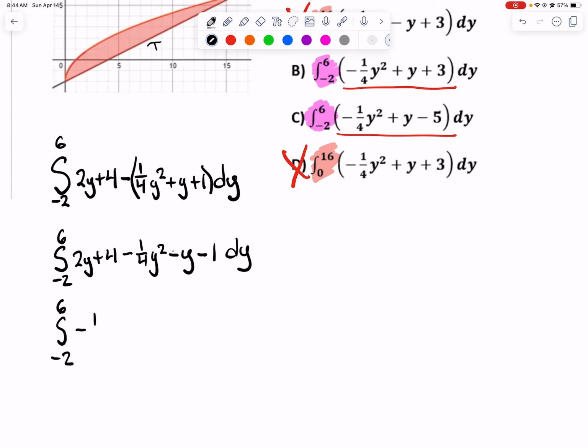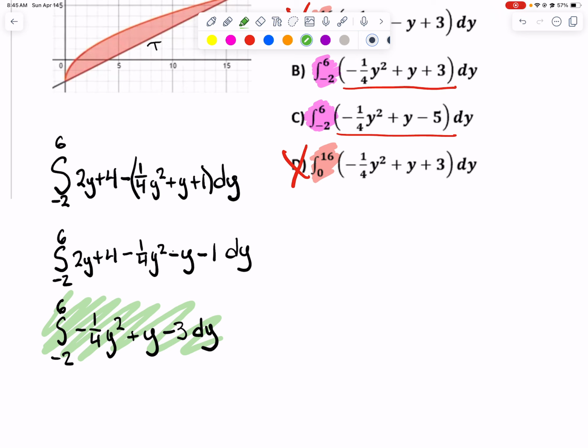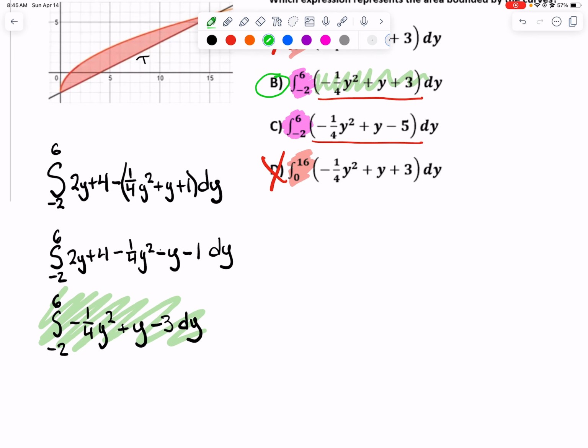I'm going to put my largest power out front, so -1/4 y squared. I have 2y minus y, so I'll be left with just 1y, plus y. Last part there, I have a +4 and a -1, so I'm going to have -3 dy. Well, what I notice is that this matches up with this. So my answer here is going to be B.